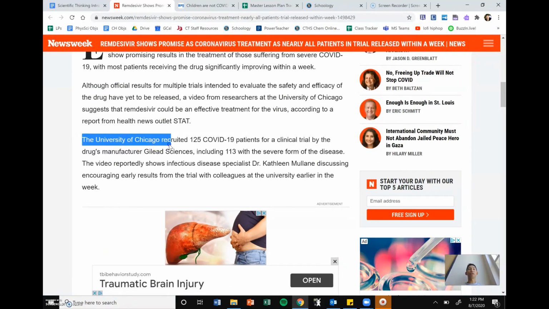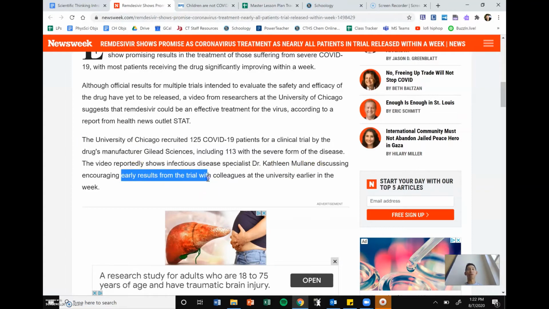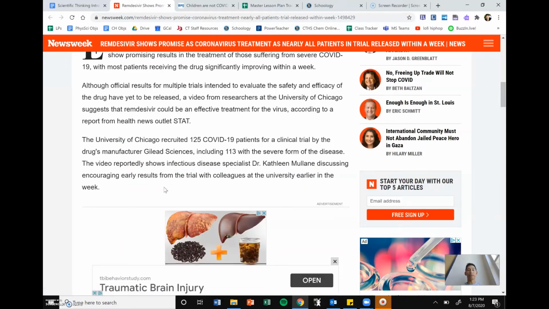It says the University of Chicago recruited 125 COVID-19 patients for a clinical trial by the drug's manufacturer, Gilead Sciences, including 113 with the severe form of the disease. The video reportedly shows infectious disease specialist Dr. Kathleen Mullane discussing encouraging results from the trial with colleagues at the university earlier in the week.